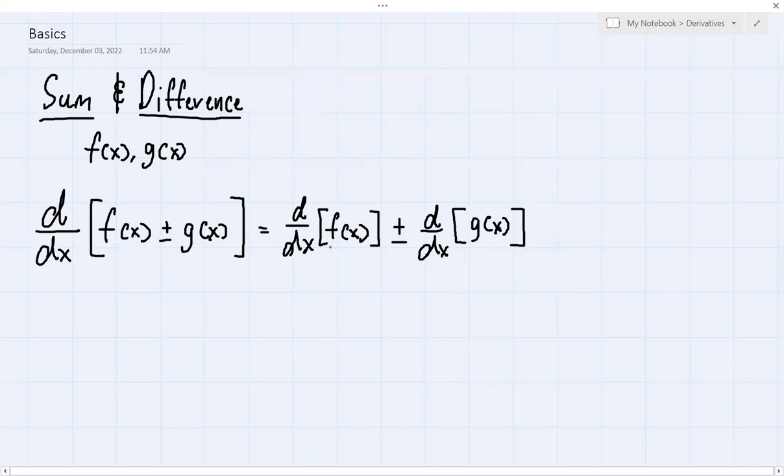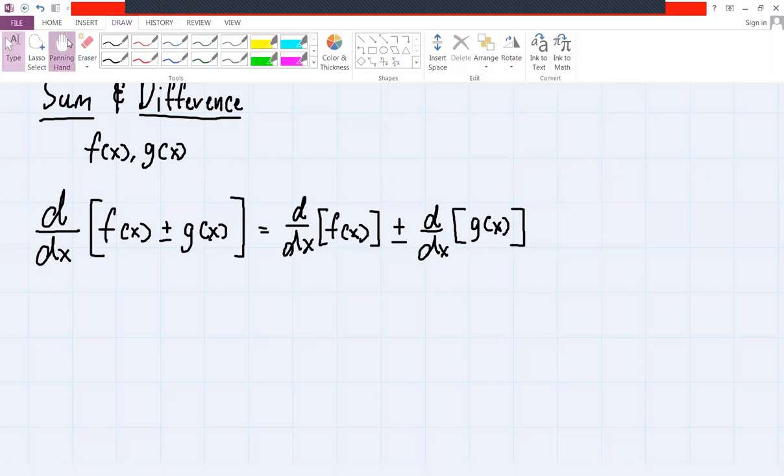Basically, i-differentiate natin yung mga terms isa't isa. That's what we will do. We will differentiate the terms one by one.